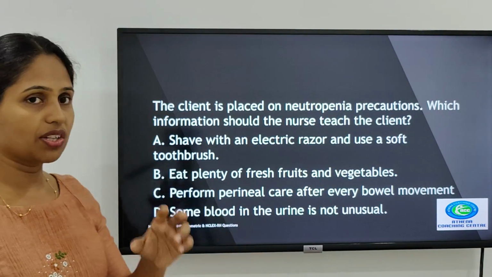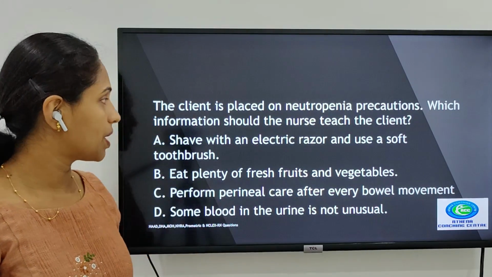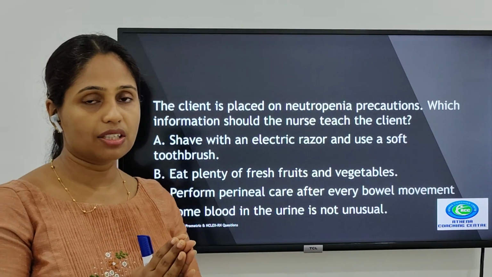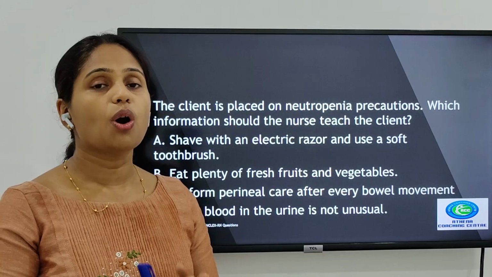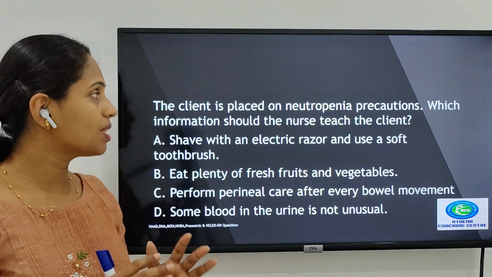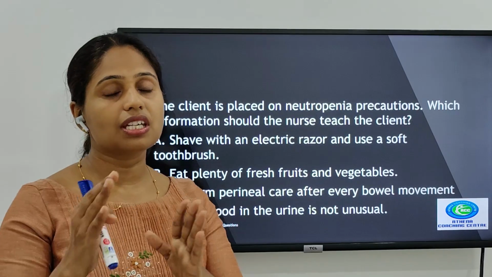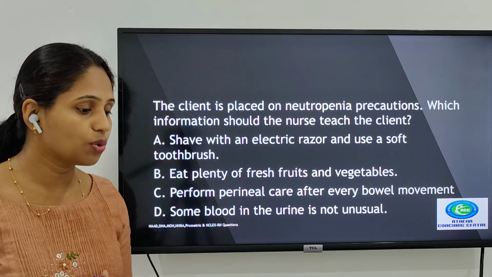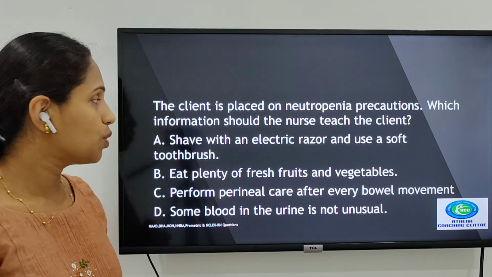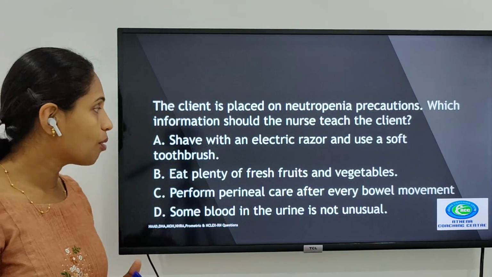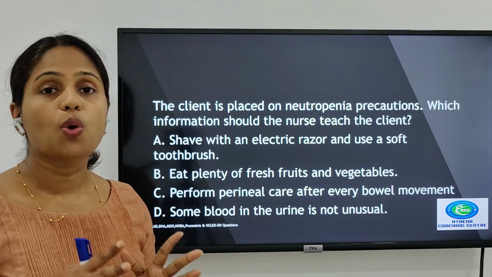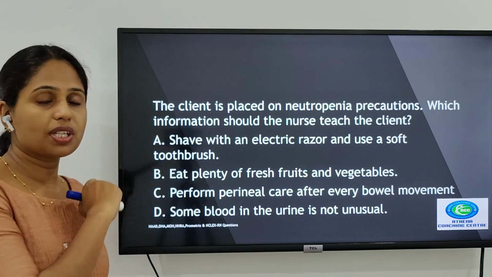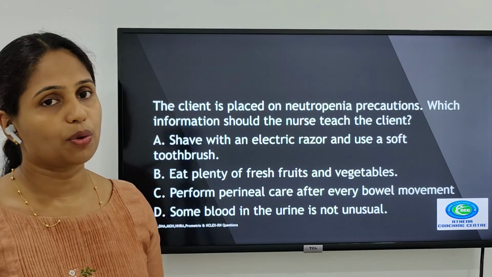So this is a patient who has been placed on neutropenic precautions. Which information should the nurse teach the client? To prevent infection, what information does the nurse teach the patient? Number 1, shave with an electric razor and use a soft toothbrush. Option A is usually recommended for a patient who has a bleeding tendency, so the first option is considered a bleeding precaution.